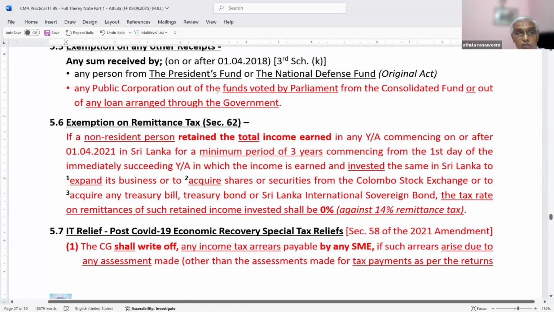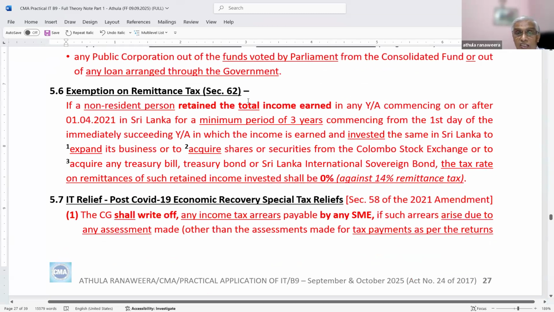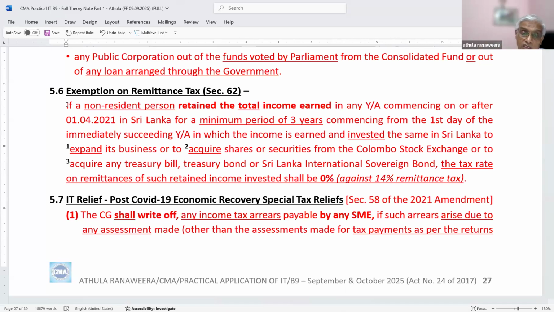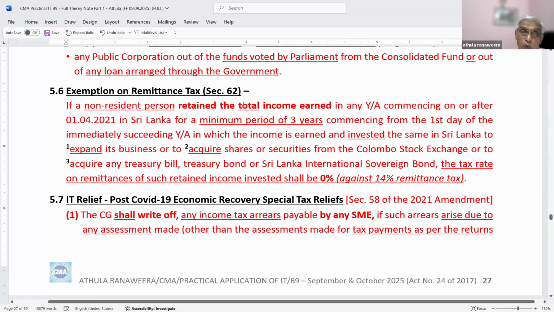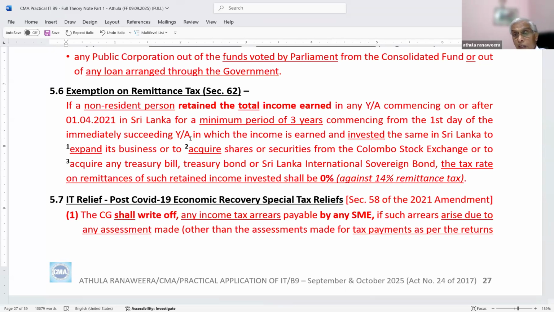Next one, exemptions on remittance tax. As I explained earlier, this is also another opening for these multinational companies, the overseas investors who invested in Sri Lanka. If an overseas investor invested in Sri Lanka, in that company, especially these branch offices, what will happen?